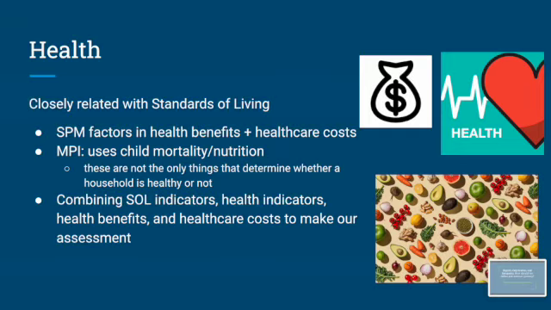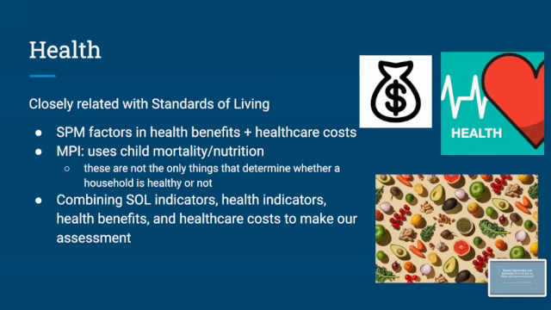The deprivation indicators that the MPI uses for health are child mortality and nutrition. More specifically, is anyone underweight in the household, and has a child died in the last 5 years? We do acknowledge that these are not the only things that determine whether a household is healthy or not, but they're definitely good proxies and indicators of the overall health and well-being of the household.